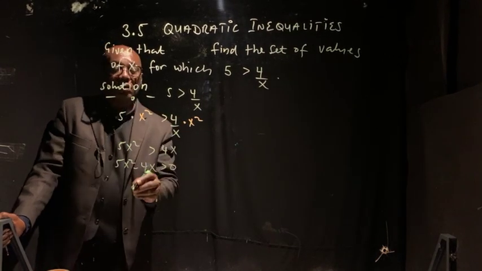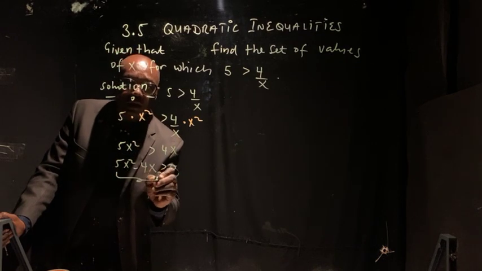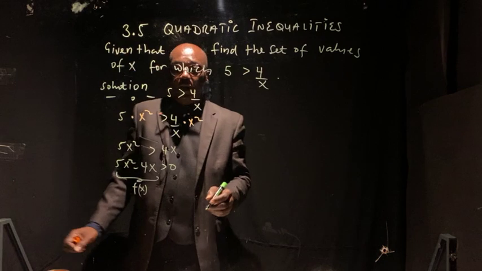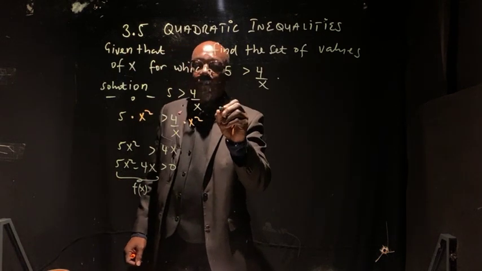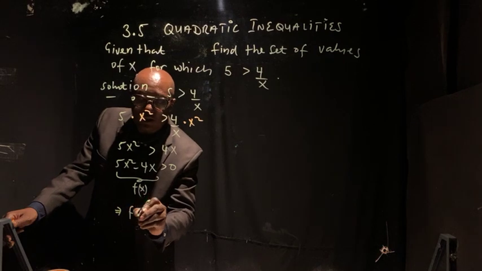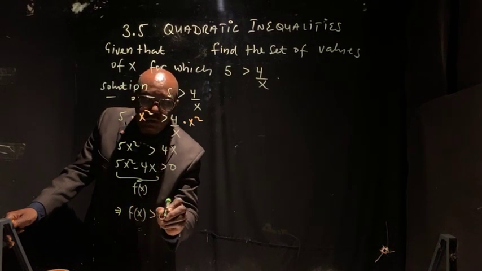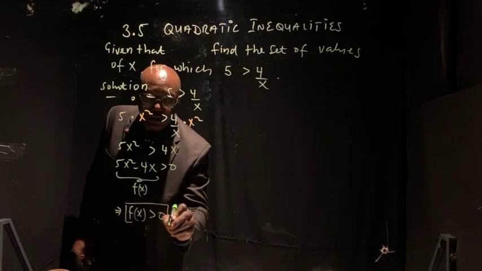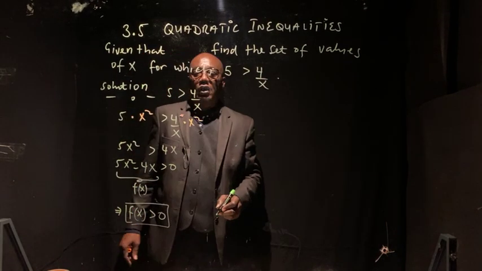As I told you, assuming this one is f of x, it implies f of x is greater than 0. This will be very important for us later on after sketching the graph.